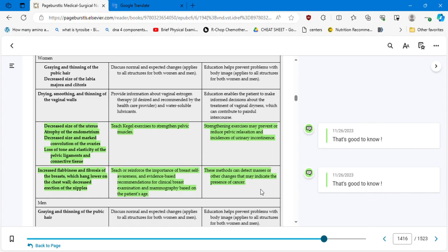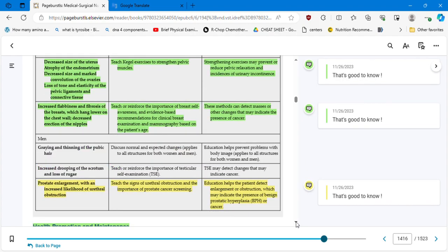These methods can detect masses or other changes that may indicate the presence of cancer. And that's good to know. Breast self-examination will help you to detect masses or other changes that may indicate the presence of cancer.